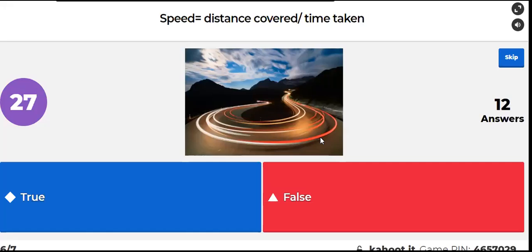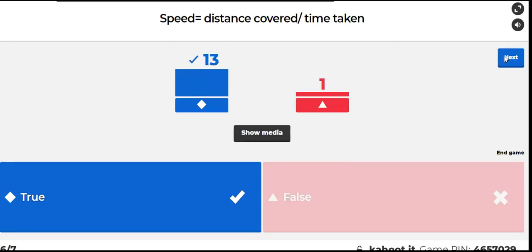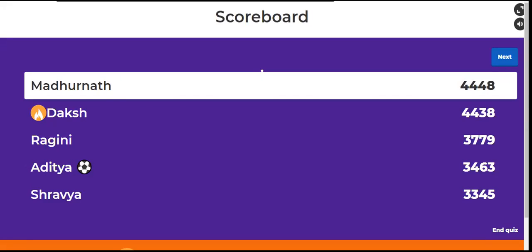Think about it, guys. Yes, it's true, right? Speed is equal to distance covered by time taken. Who said false? Okay. Right, very good.